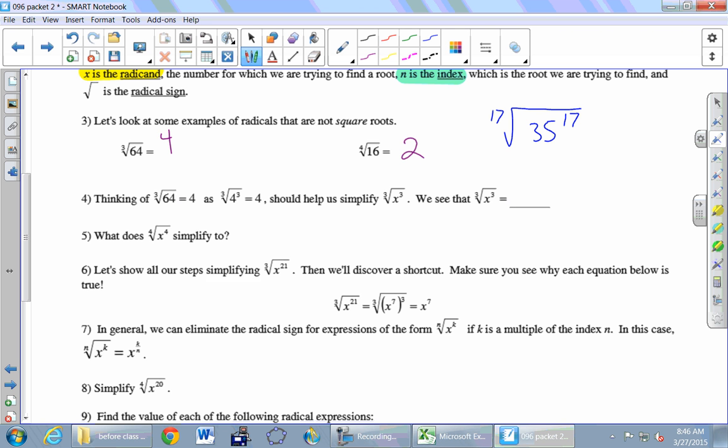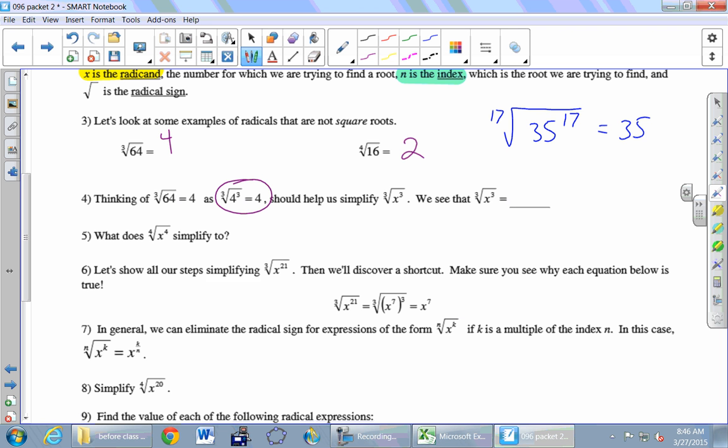Do we buy that? Taking something and raising it to the 17th power and immediately taking the 17th root accomplishes absolutely nothing. And so we go from 35 to some monstrously big number, and then we shrink it right back down to 35. And that's exactly what's illustrated here. Cube root of 4 cubed, you don't actually need to do 4 cubed to know the answer is 4.